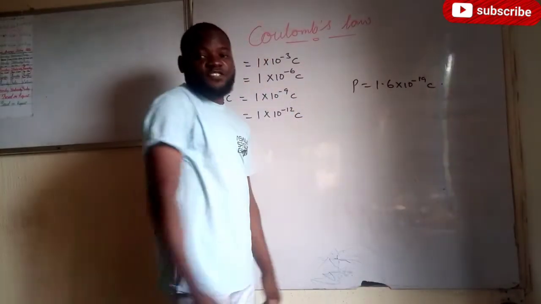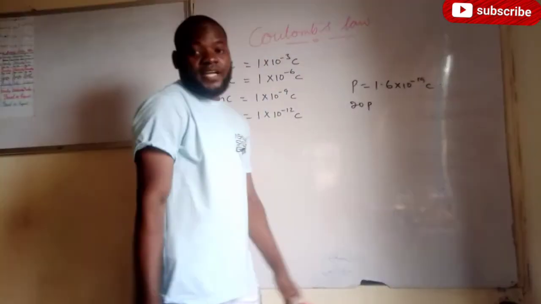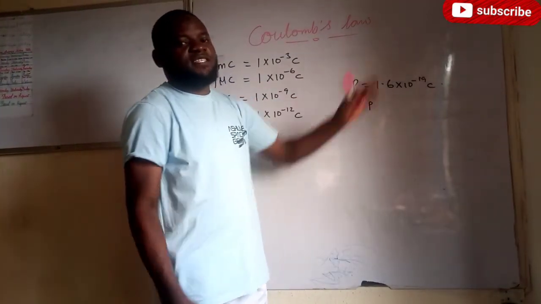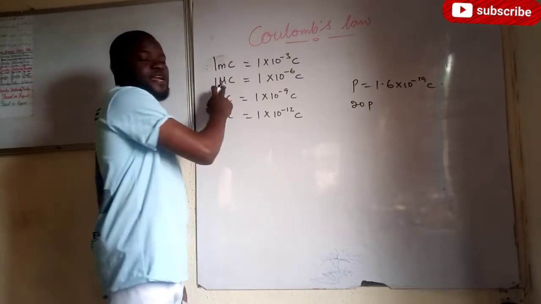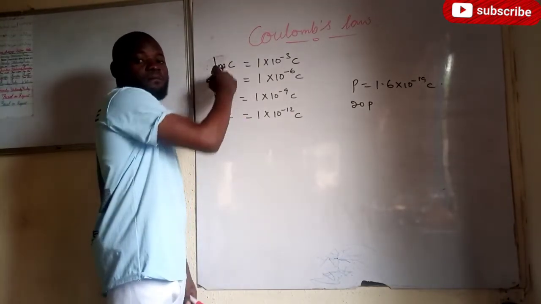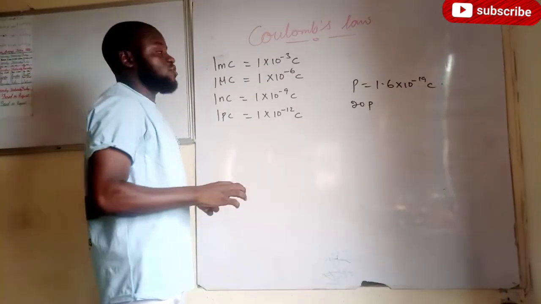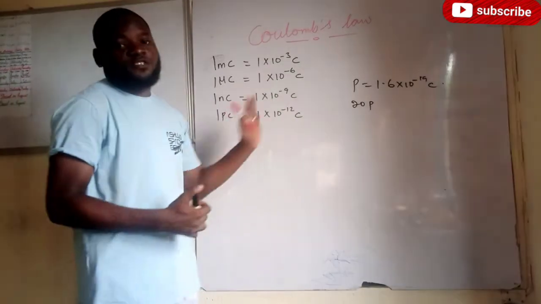This is very, very small. So even if I have 20 protons of charge, are we together now? This will still be very, very small. This is negative 19. That's why we always express them in microcoulomb or nanocoulomb or millicoulomb or picocoulomb. And at every instance, you always need to convert them to their appropriate unit, which is coulomb, and that's the essence of this.